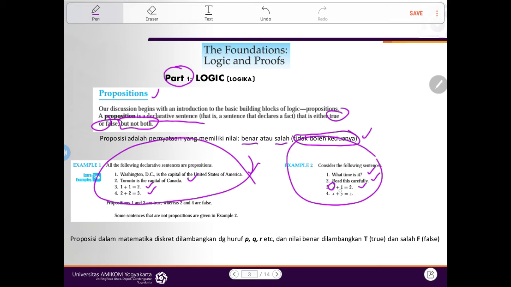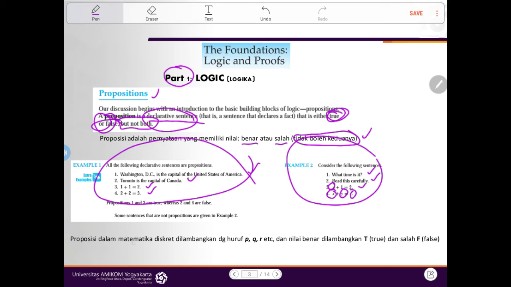And number 4 also is not a proposition because we cannot judge true or false, it depends on the values of x and y and z themselves. So the proposition is a declarative sentence that has a value, either true or false. Otherwise, it's not a proposition.